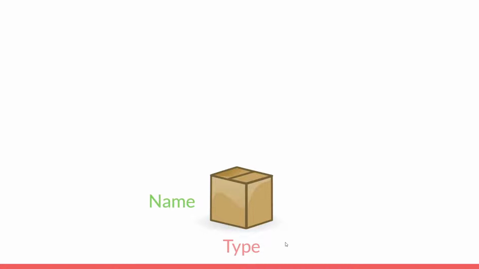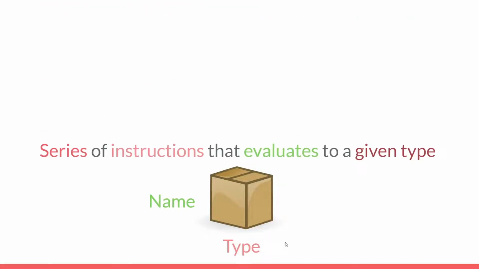With a variable, you just give it a number or some letters, or maybe a Boolean statement. But with a method, you can store far more than just a single value. No, methods can store a series of instructions that evaluates to a given type. And that given type is the one down below the box.